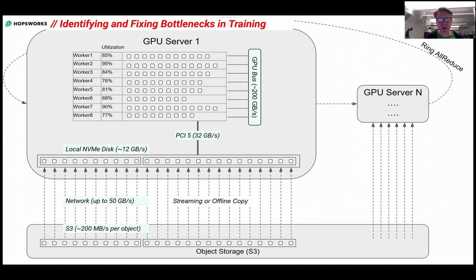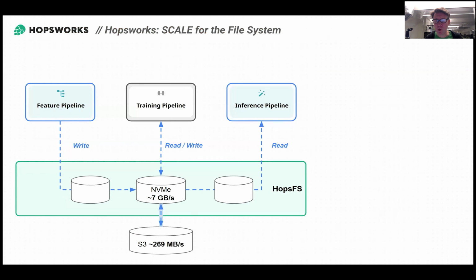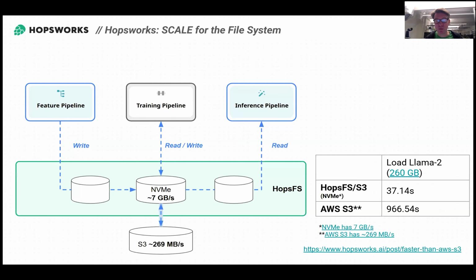That's something that we work on heavily in Hopsworks. Just to give you an idea of one of our contributions here, when you read from your S3, there's an internal tiered file system in Hopsworks called HopsFS, which can store the latest versions of the files in local NVMe disks. And this can massively improve rereading the data for training.